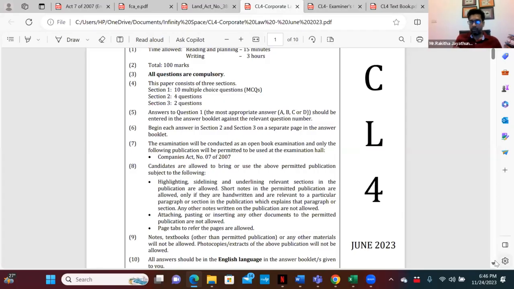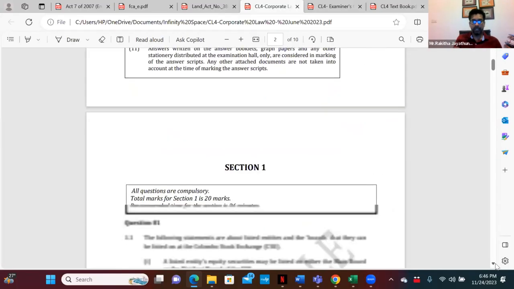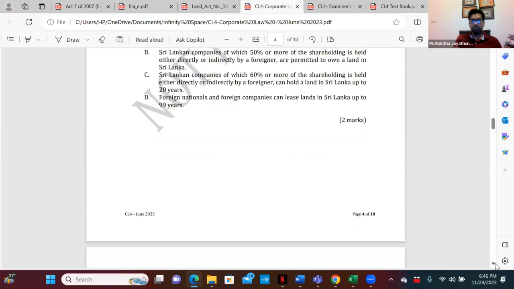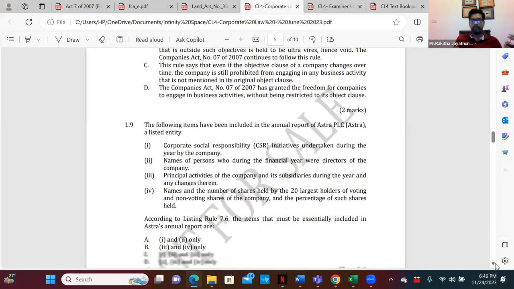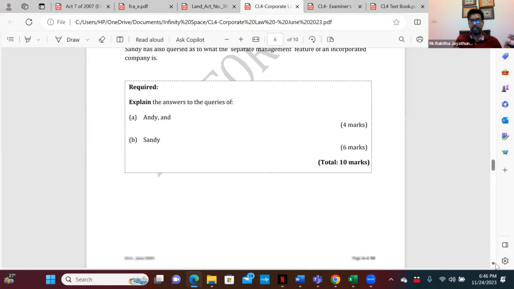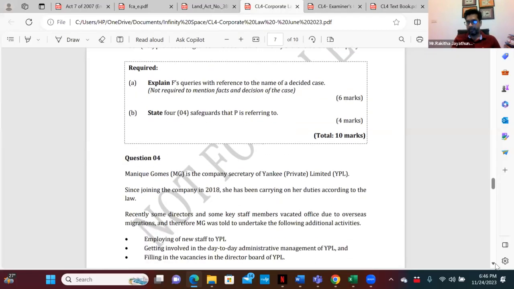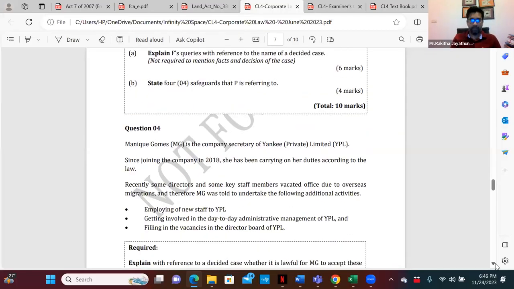Right. Now, first I will look at section 3. I will start with the last section. Now, why did I decide to do that? You can have your own way of answering the question. So 15 minutes are allocated for reading and planning. There you can decide from which section you are going to start.